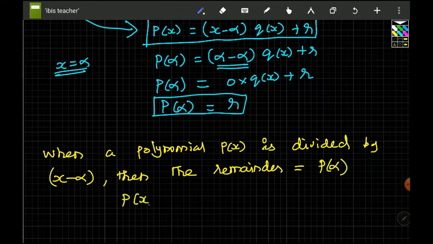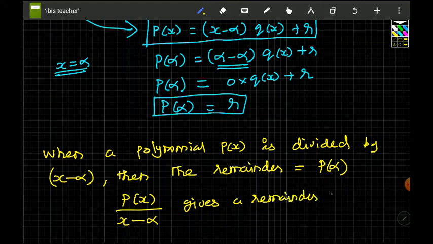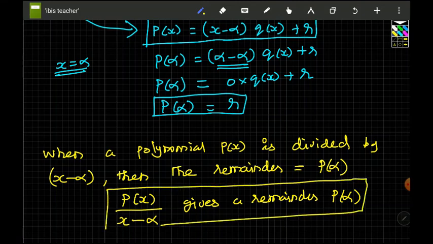In simple terms, p of x divided by x minus alpha gives a remainder p of alpha. An example of this we will see in the next video.